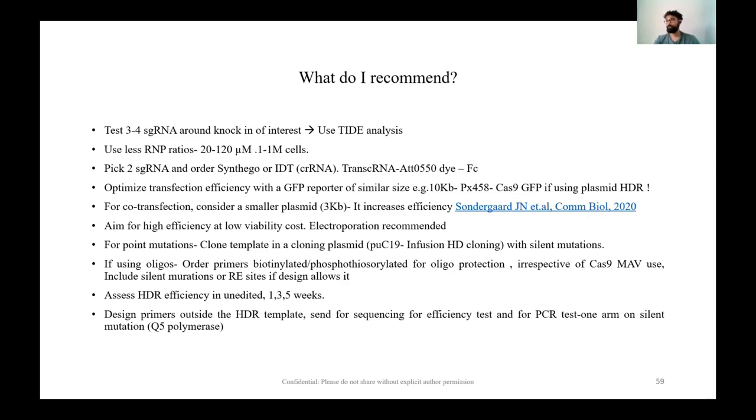So finally, what do I recommend right from start until the end? Test 3 to 4 single guide RNAs for your knock-in of interest. Use TIDE analysis. All of this documentation is available with protocols, towards the end, if you just reach out to me.